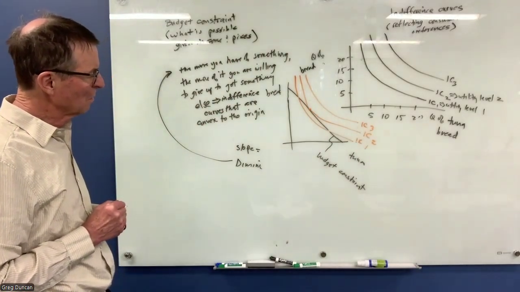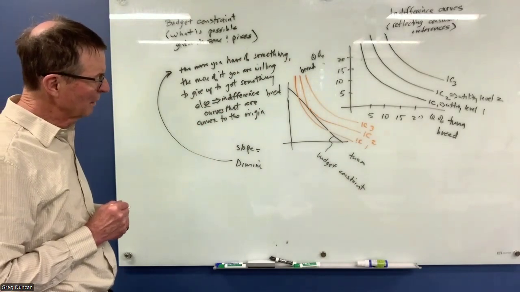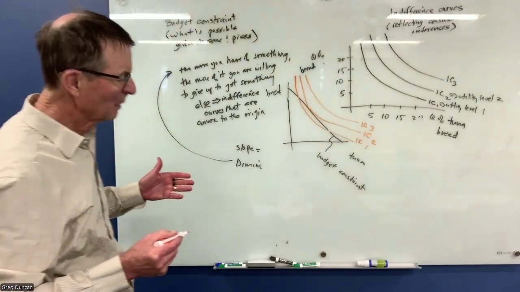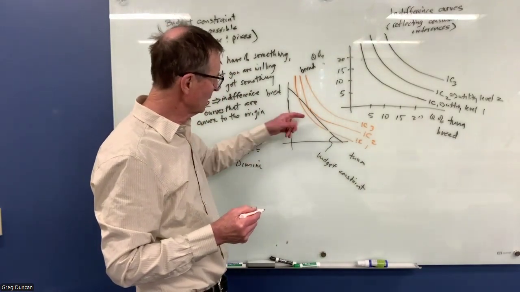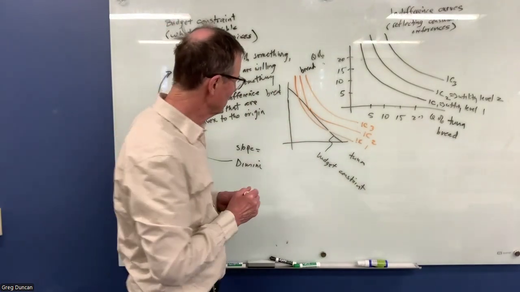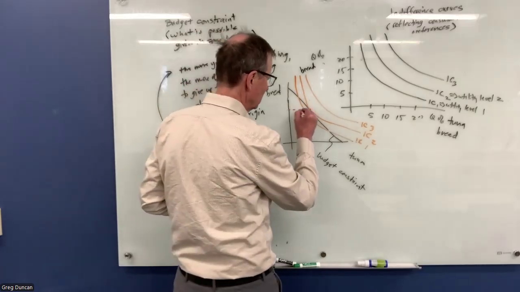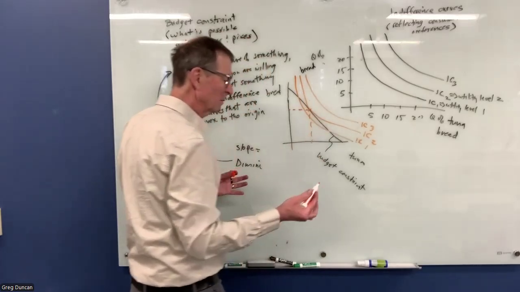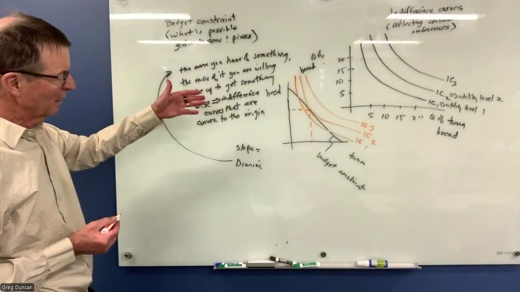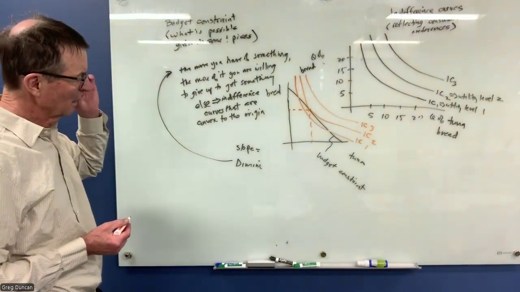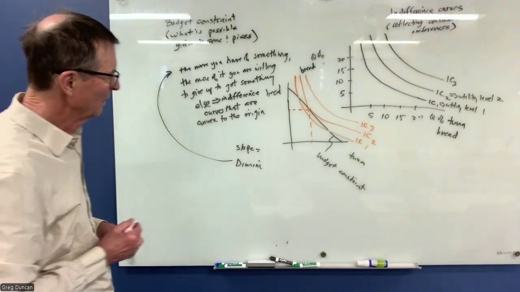And given the assumptions of what we've been talking about, we would expect a consumer to end up, based on the income and prices that are inherent in the budget constraint, having these preferences.